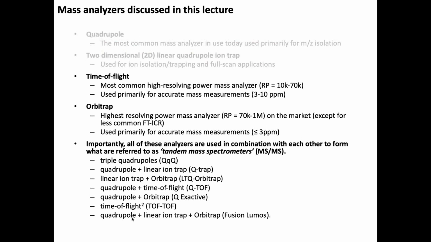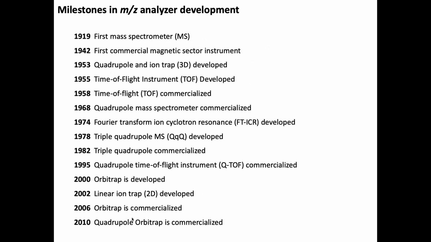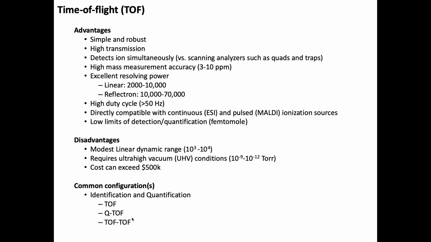So, as I said, let's skip through the TOF stuff and go to the Orbitrap. These are just some of the developmental milestones and when things got developed that you can look through. TOFs are still very relevant. They're very fast. They have very high rep rates. But they don't have the analytical figures of merit that an Orbitrap does.